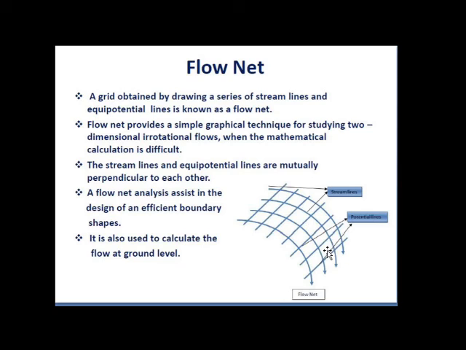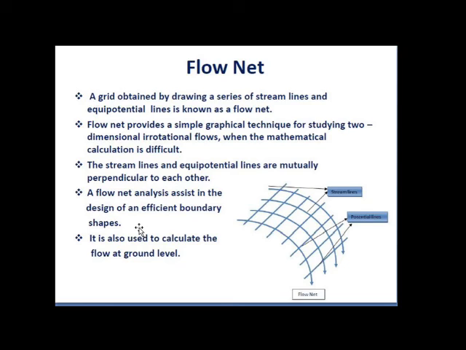The flow net analysis assists in the design of efficient boundary shapes. Hope you have understood all this concept. From the starting we have seen the concept of equipotential line, then the stream function. First we have seen the velocity potential function, then the stream function, then the relation between the velocity potential function and the stream function.